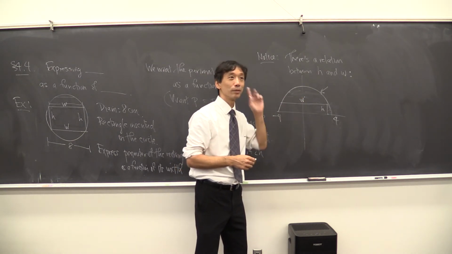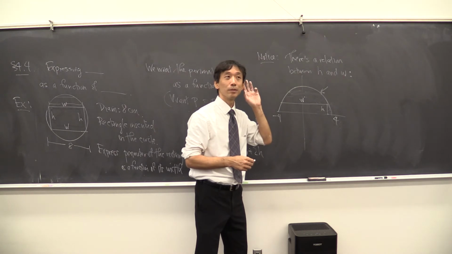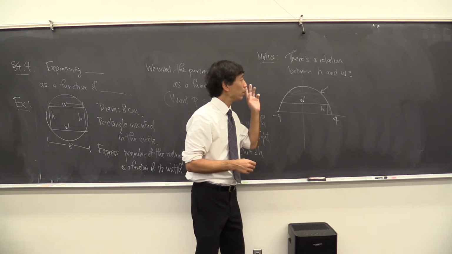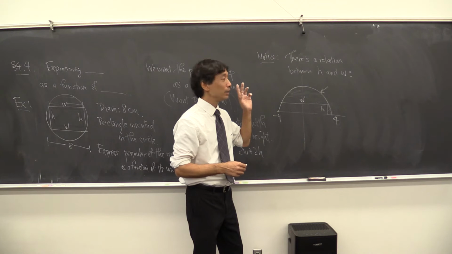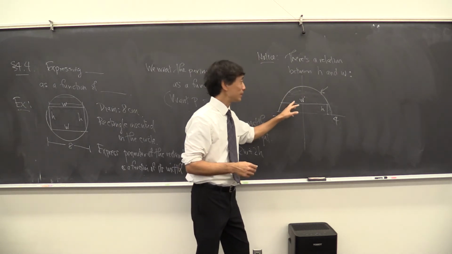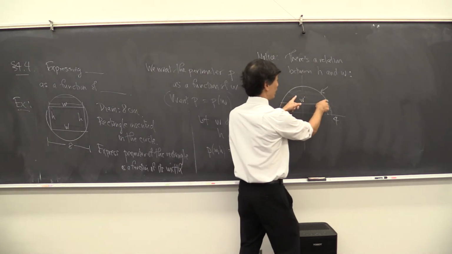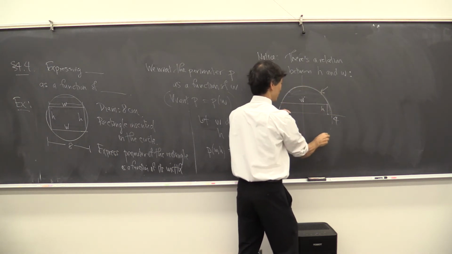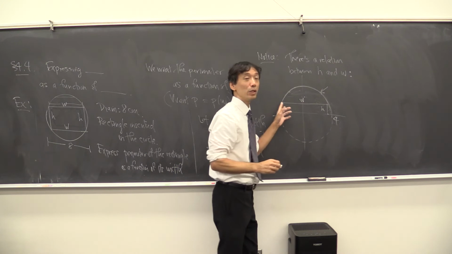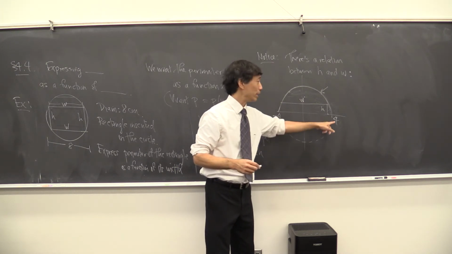I don't remember exactly, but doesn't it have a formula like the square root of x plus h squared, like the half circle formula? It's simpler than that. What's the equation for this thing right here? This thing is a circle. What's the equation for a circle of radius 4?